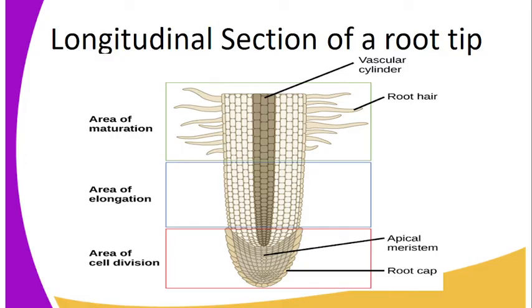We are followed by the area of elongation. Can you see our diagram? From the area of cell division, we go to the region of elongation, and in the region of elongation the cells expand or enlarge, leading to an increase in size.